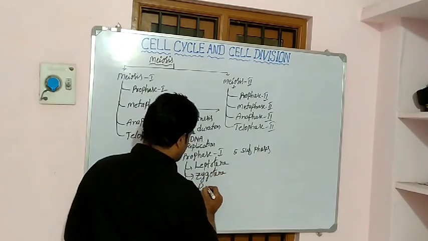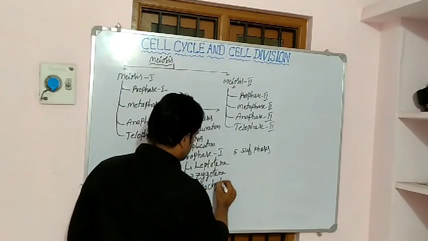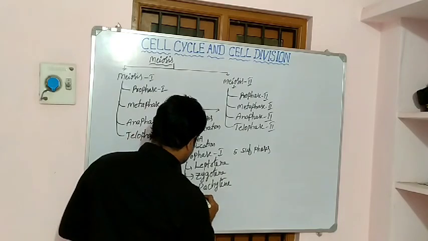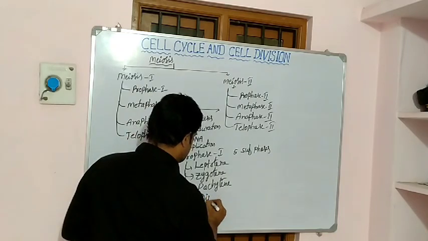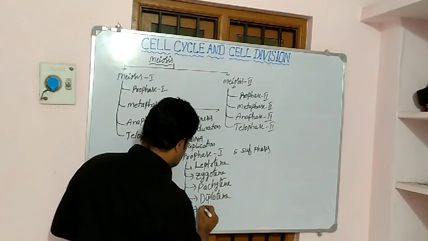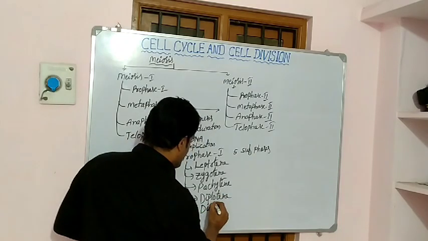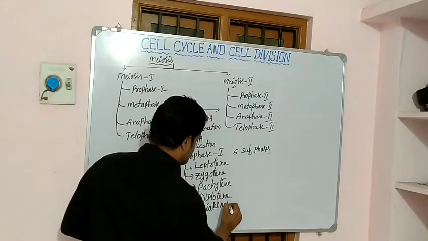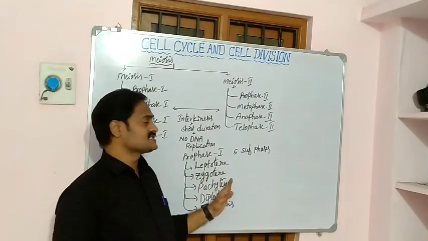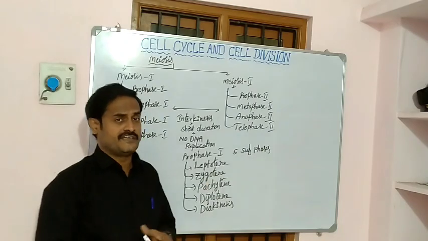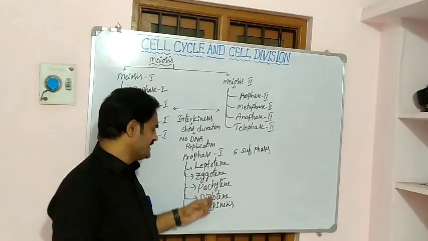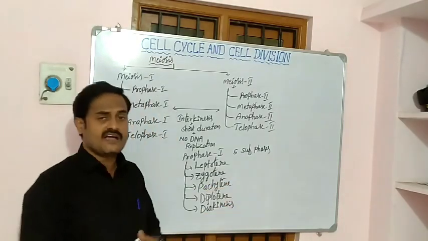Next, pachytene. Next, diplotene. And the final one is diakinesis. The prophase 1 consists of majorly 5 subphases: leptotene, zygotene, pachytene, diplotene and diakinesis.